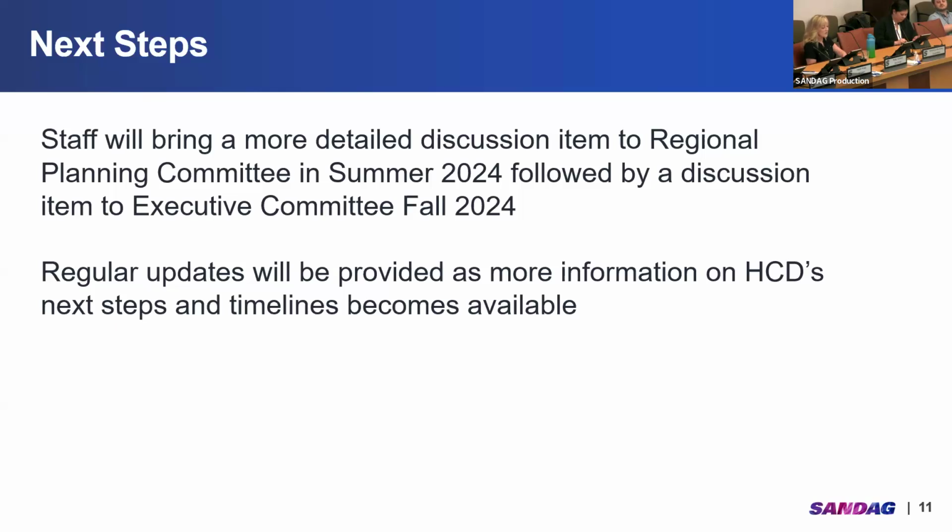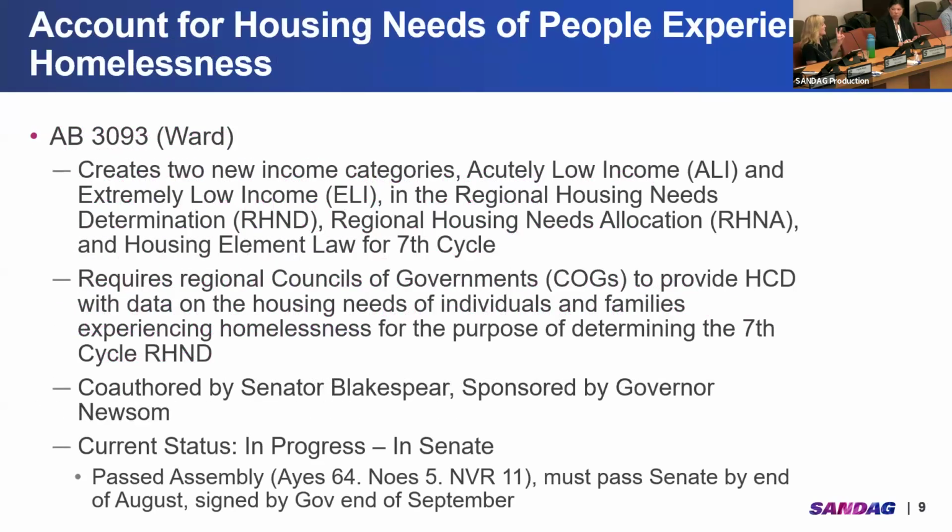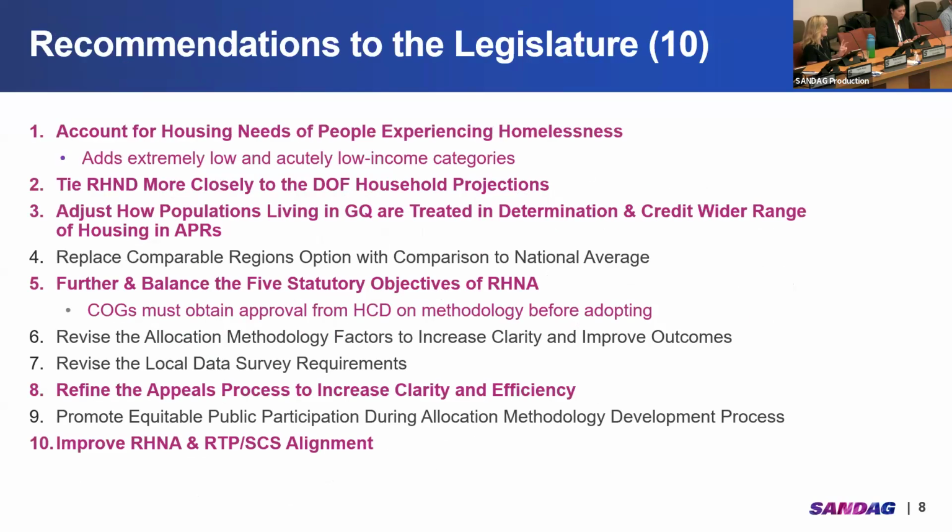One of the other things is the comment on slide 9 about HCD requiring data on housing of individuals and families experiencing homelessness. For those of us working in that space, that's really difficult because they could be homeless in Encinitas today, and then they could be in Solana Beach and Del Mar. The point-in-time count from RTFH is what I call the SANDAG of homelessness, and it's one time.